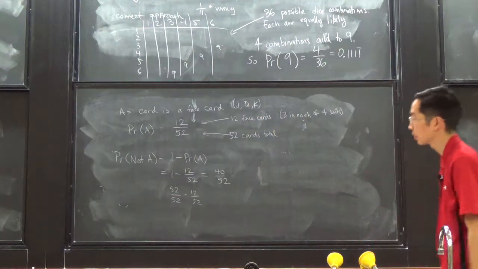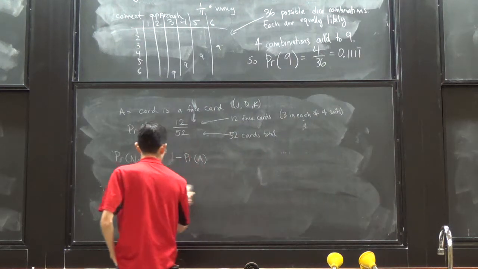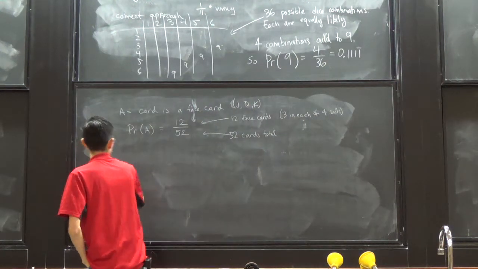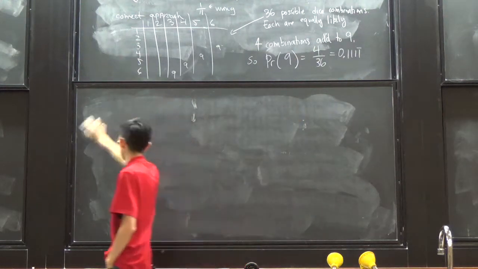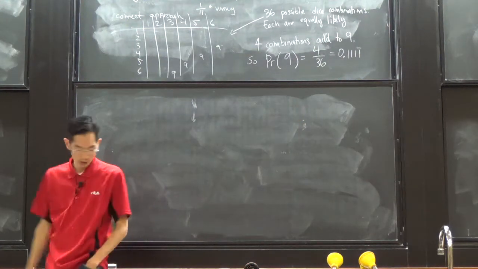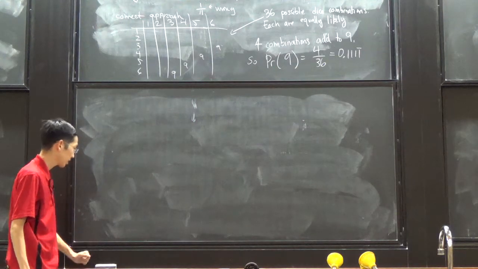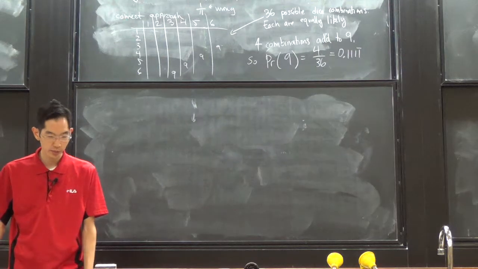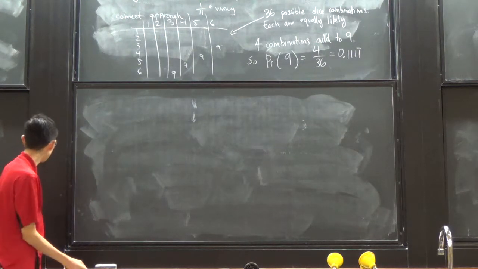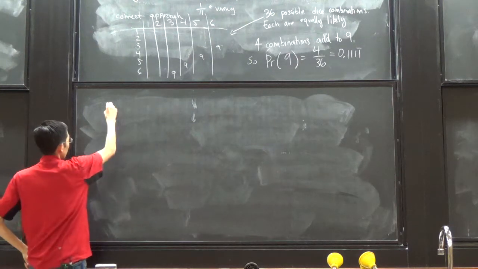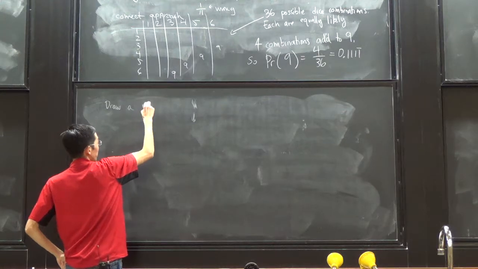Sometimes we have situations where we want to calculate more complicated probabilities. Okay. So I could ask a question such as, let's draw a random card from a deck.